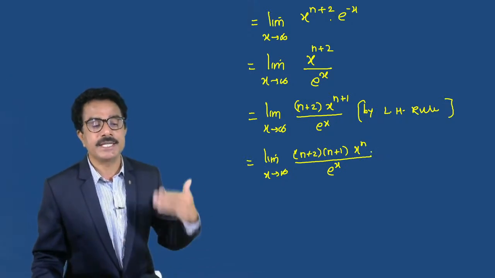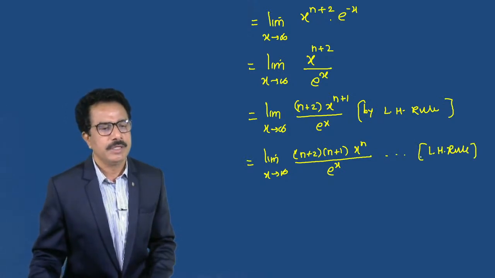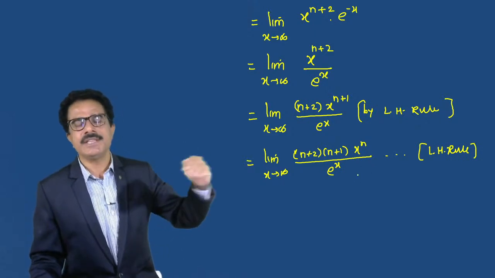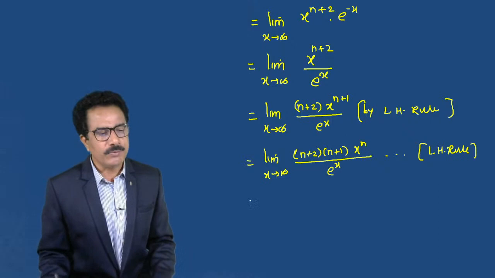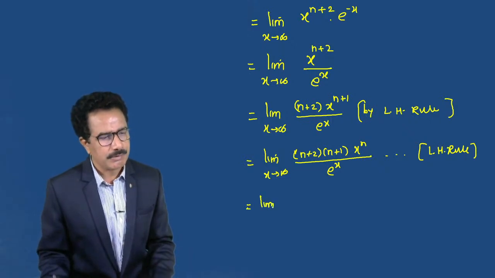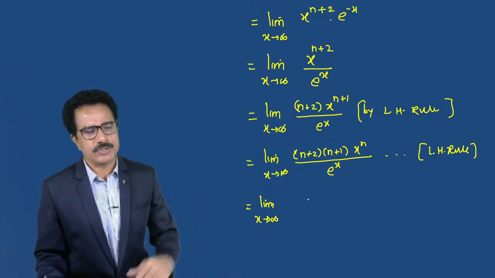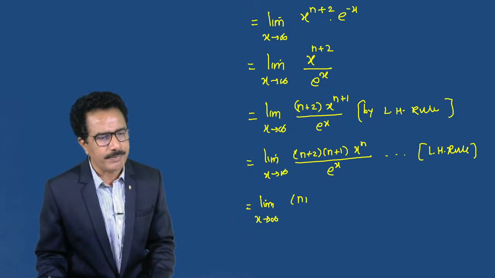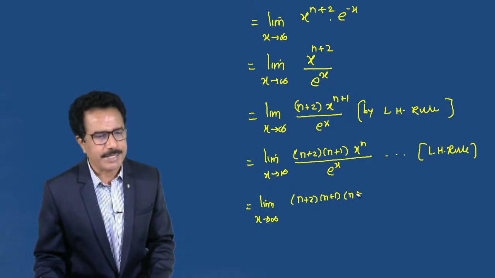Again if we take the continuation in the derivative by L'Hospital rule, then we get, continuing in this way, same process, limit x tends to infinity. Again go through the same process, use the L'Hospital rule, then we get n plus 2, n plus 1, n plus n minus 1.